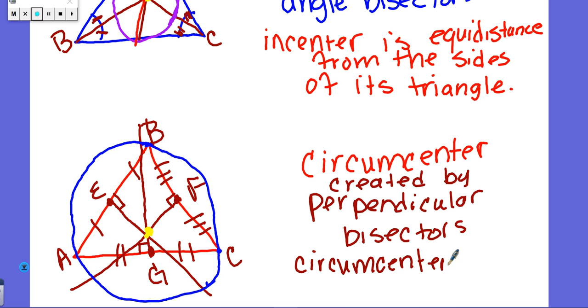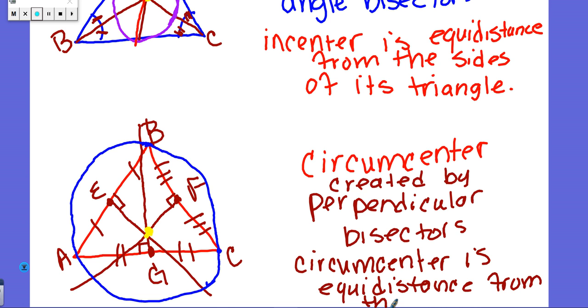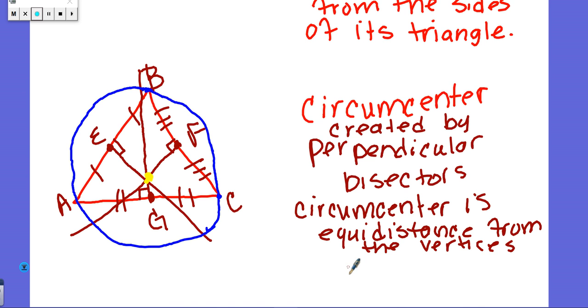The circumcenter is equidistant from the vertices of its triangle.